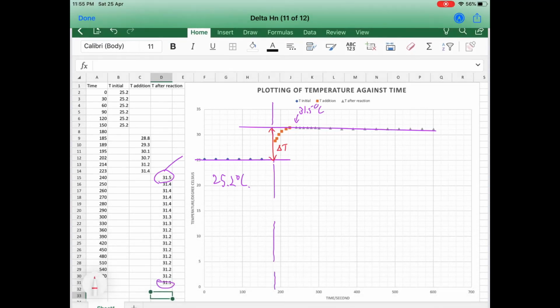And then after you have the temperature increase data, you can actually plug into the equation that the heat energy equals to mc delta T. And m here and c here mean the mass and the specific heat capacity of the resultant solution respectively. And this energy is absorbed by the resultant solution.